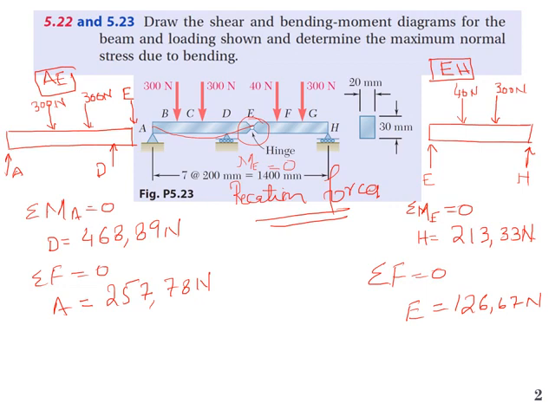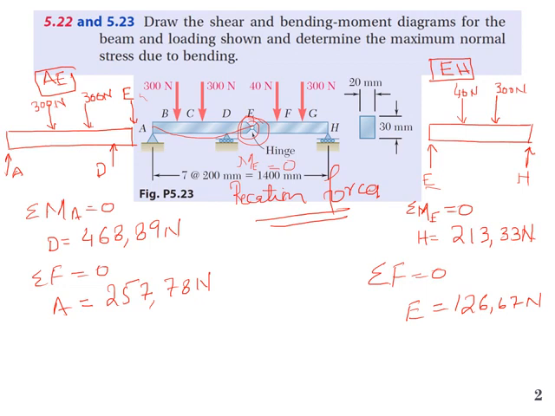So the force at E for segment EH will be in the upward direction, and the force on segment AE will be in the downward direction at E. Both will be equal, and we can treat them as separate beams.